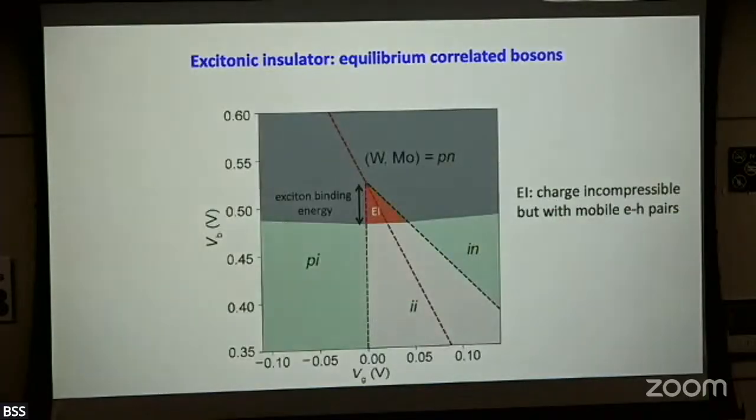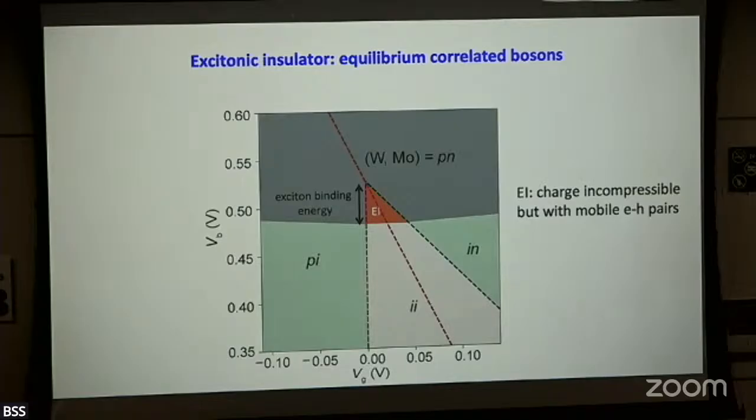So let's just put this phase diagram together, right? What's interesting is this red triangle. We have an excitonic insulator. You can put electron-hole pairs in, they are bound, but you cannot put electron or hole into the system. And at the bottom, this is no electron, no hole, no bound electron-hole. On this side you only have holes, and on this side you only have electrons, and in the rest you have electron-hole pairs, which are now bound.